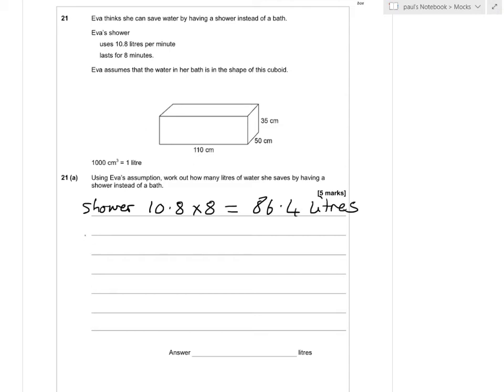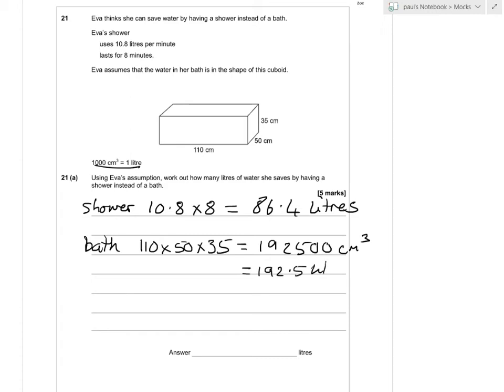And the bath is 110 by 50 by 35. So 110 times 50 times 35 is 192,500 centimetres cubed. Now we've got to convert that to litres. Divide by 1,000. So that equals 192.5 litres.